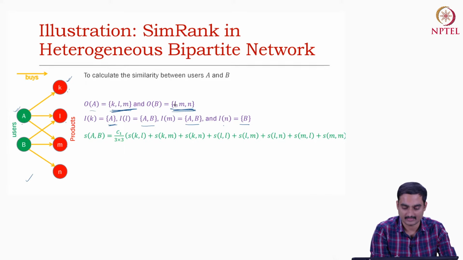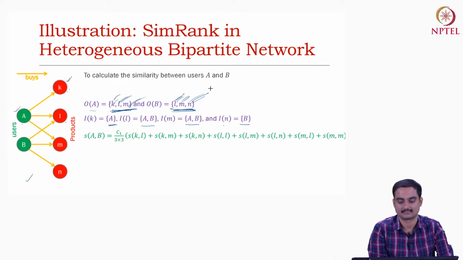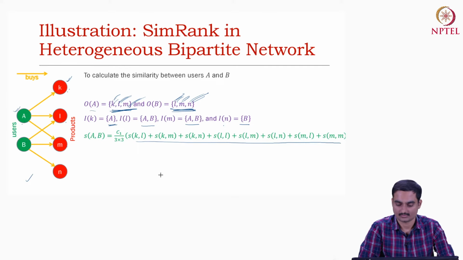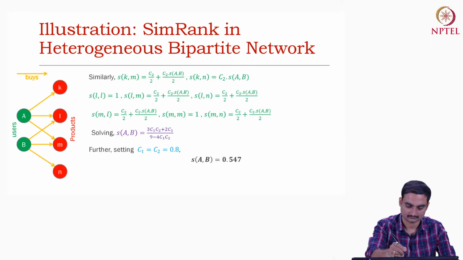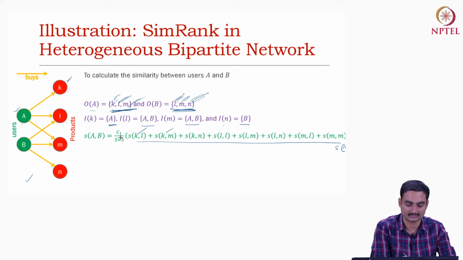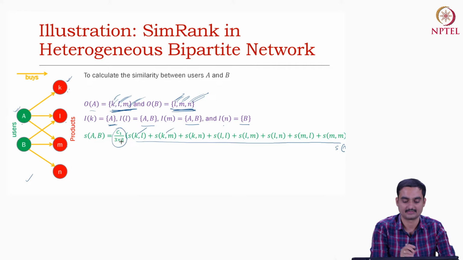So similarity between KL, KL, KM, KN, LL, LM, LN, ML, MM, and MN, 9 pairs. One term is missing, this is MN. I need to calculate all these numbers one by one, and this is normalized by 3 times 3, with some constant C1.